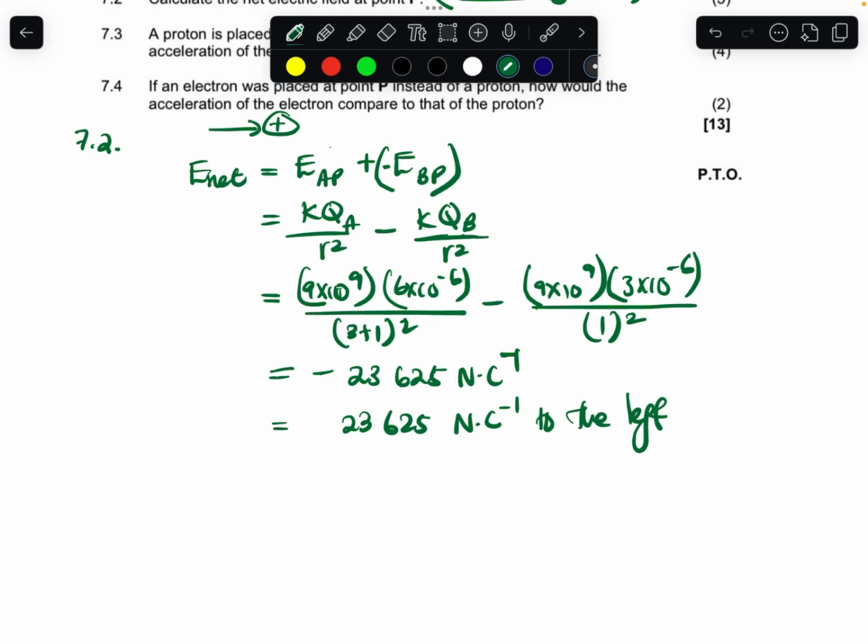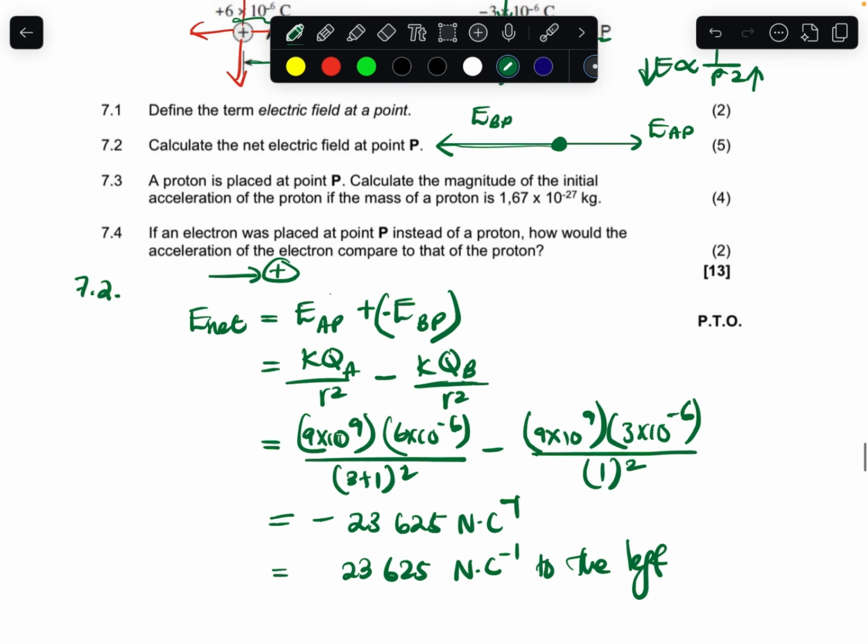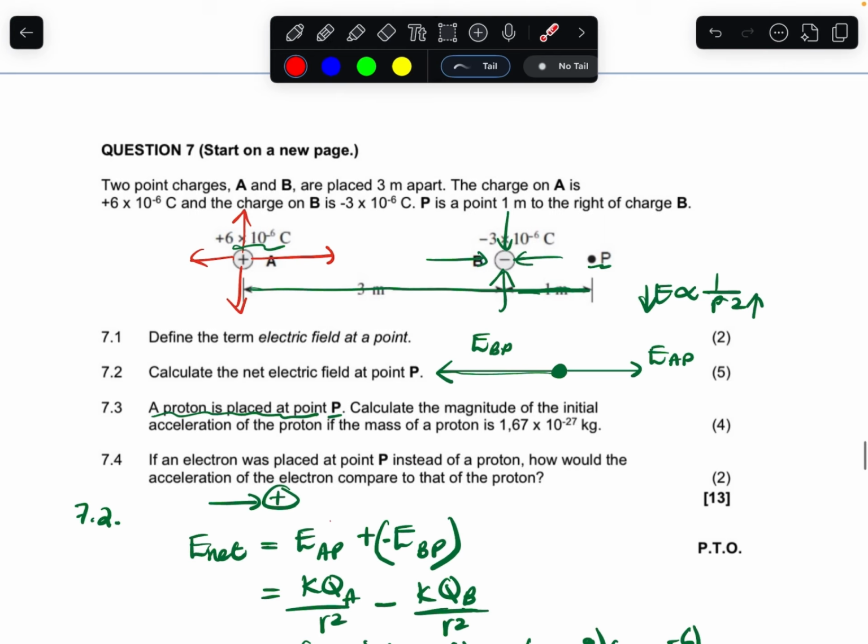Very important, that information. Right, 7.3, it says a proton is placed at P. Now, instead of just an empty space, or just a point, there's a proton placed there.